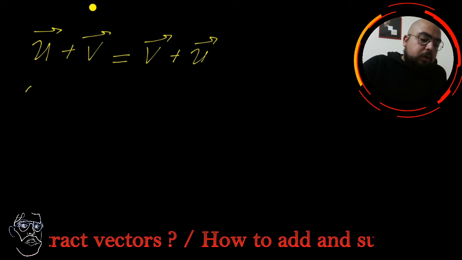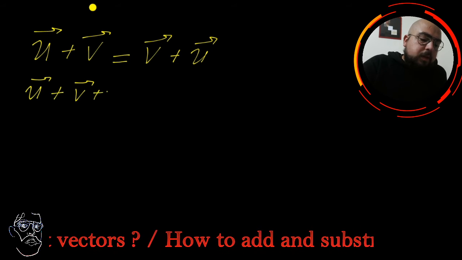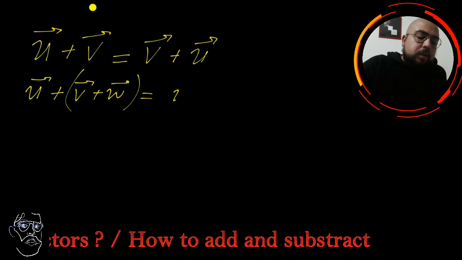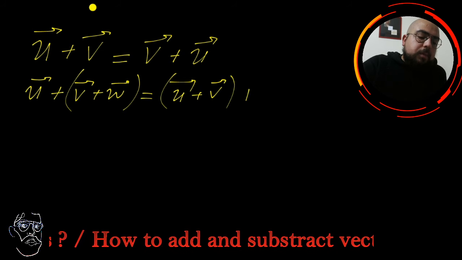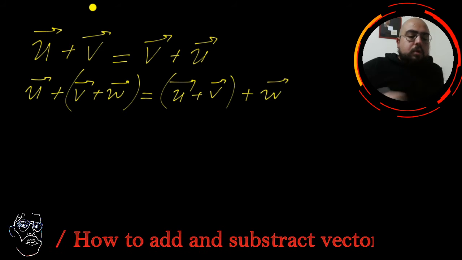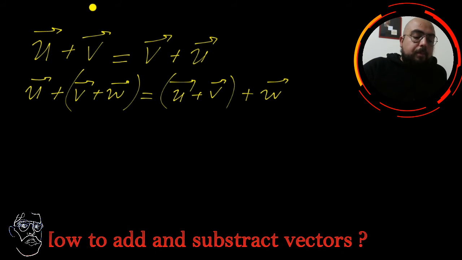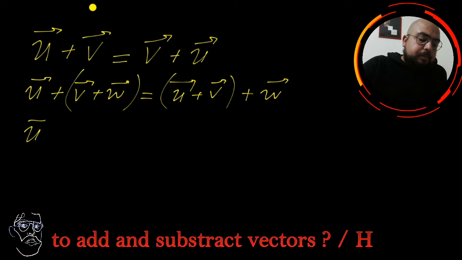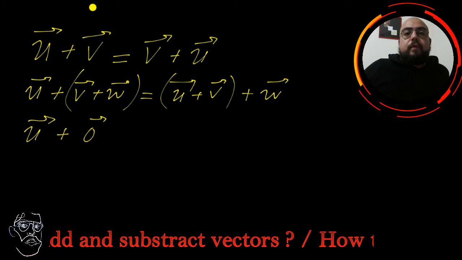Now, what about U plus V plus W? You can write it down as U plus V between parentheses plus W. So this property could also be useful. Now, what about U plus zero vector, or null vector?